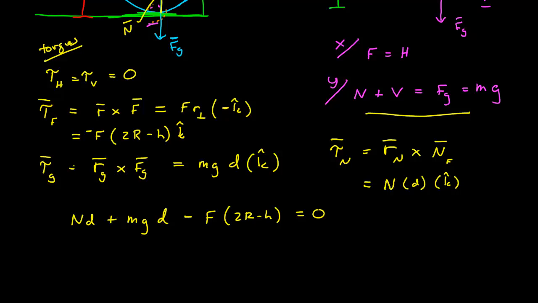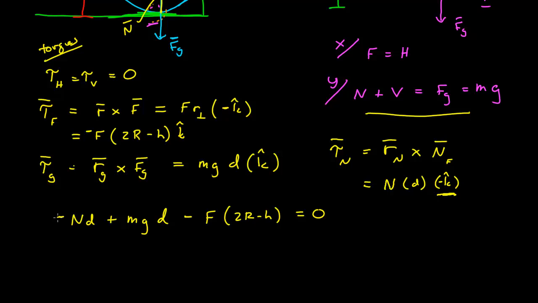All right, I have to be careful. I did make a mistake back here. I did my right-hand rule wrong. Back here, this is in the negative k direction if I do my right-hand rule for the torque due to the normal force. And so that gives me a negative here.